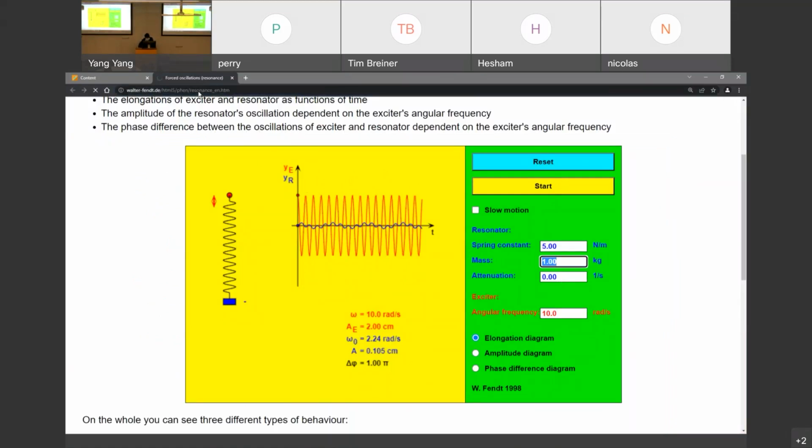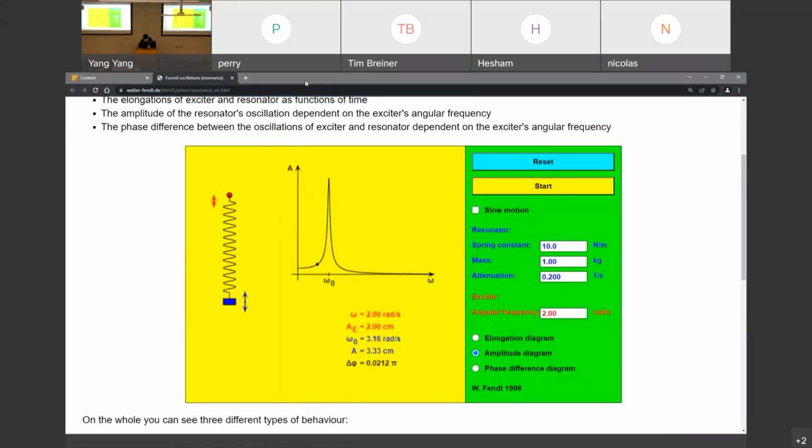Are you sharing two screens? We use the mass is 5, equal to 0.1, correct?